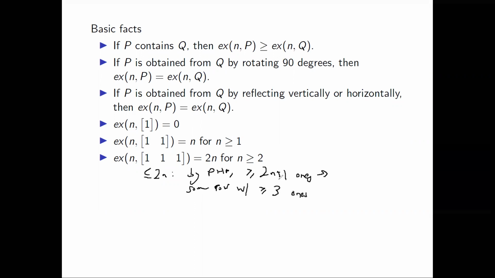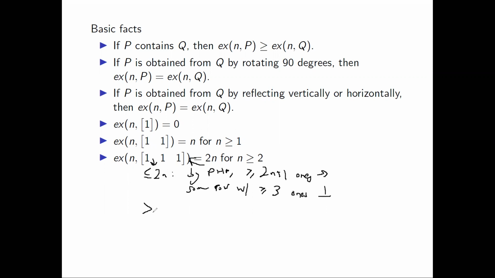So we just use the pigeonhole principle there. We'd have some row with at least 3 ones, and that would mean that we would contain this pattern. And we're trying to avoid that pattern. So we can't have at least 2n plus 1 ones. We must have at most 2n ones.